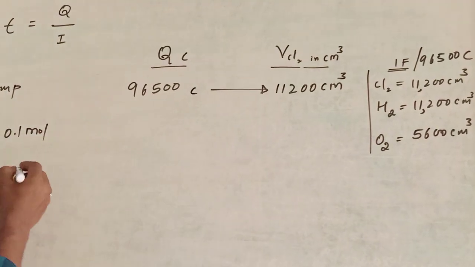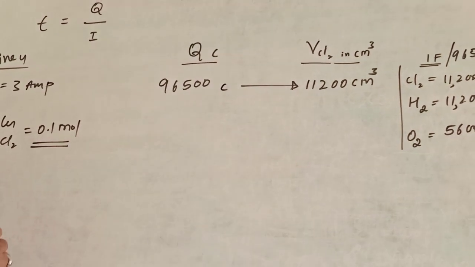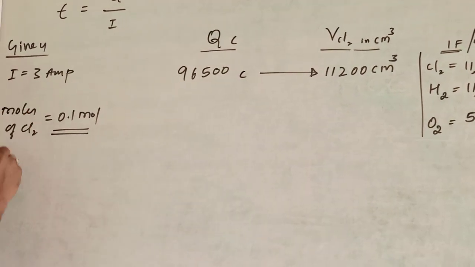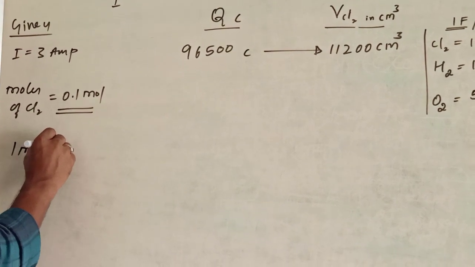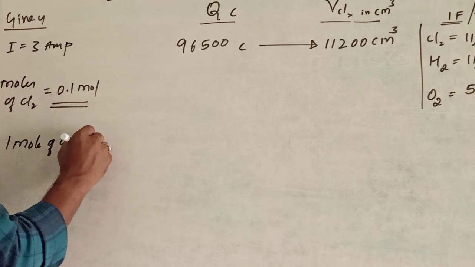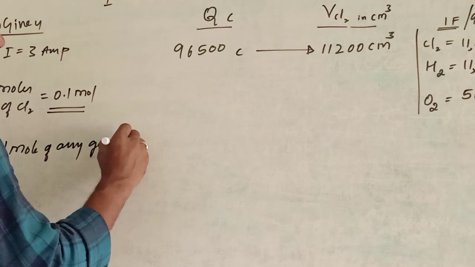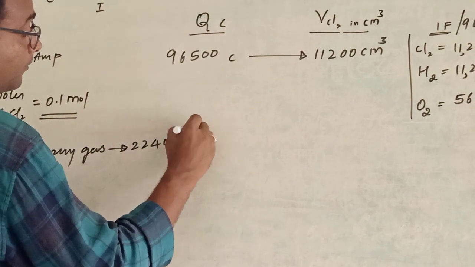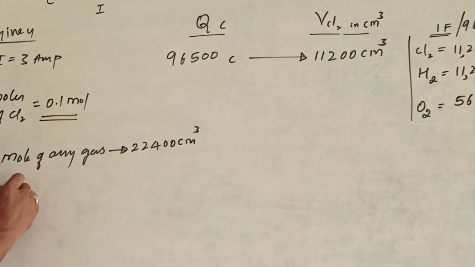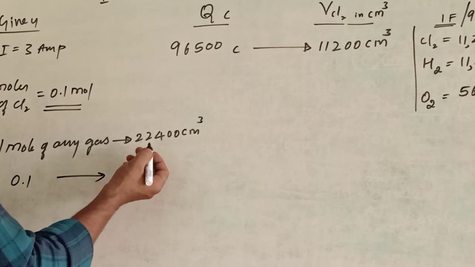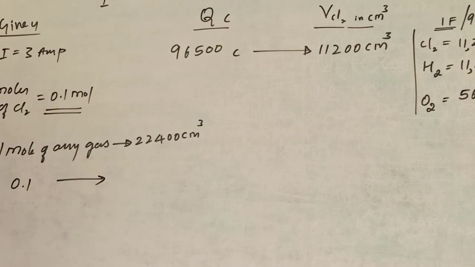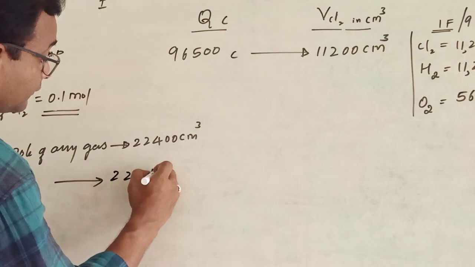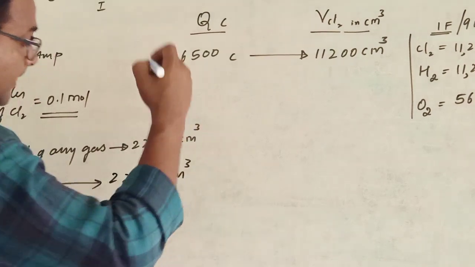He is asking for 0.1 mole. We know that 1 mole of any gas is always equal to 22,400 cm cube. Then 0.1 mole, it's very simple, is 2240 cm cube. Okay.